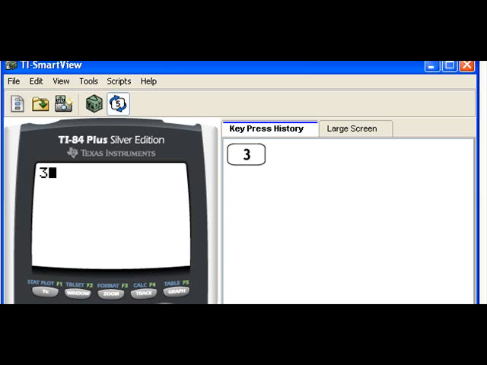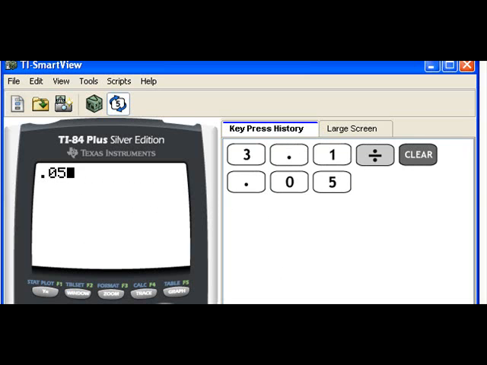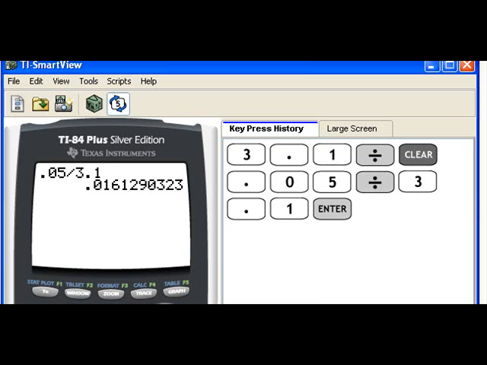So first one is 0.05 divided by 3.1. So that's 1.6%. Remember, shift the decimal point. And that happens for length, width, and height in my case because I used a cube.